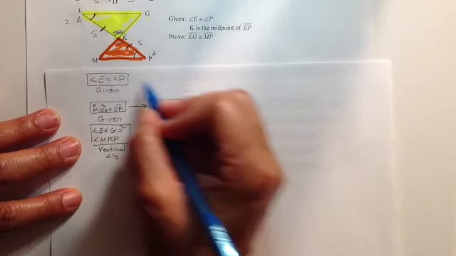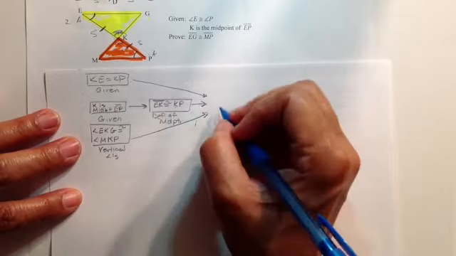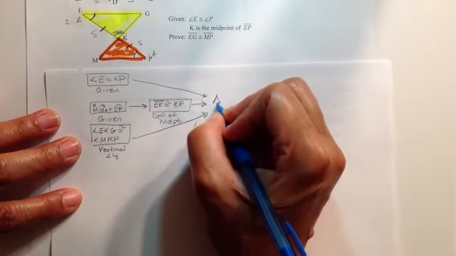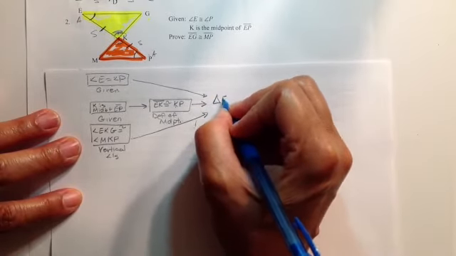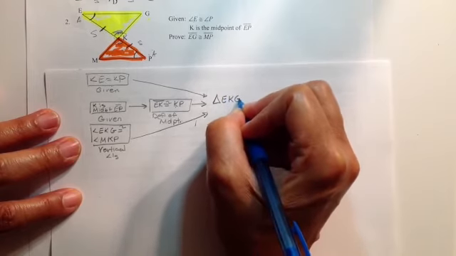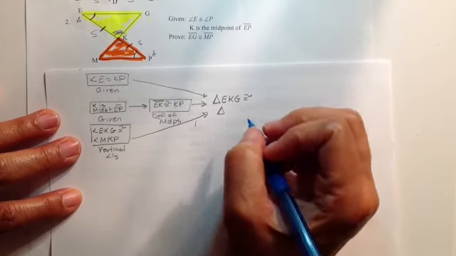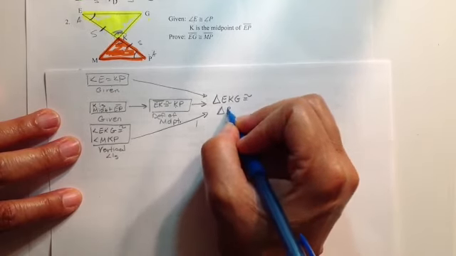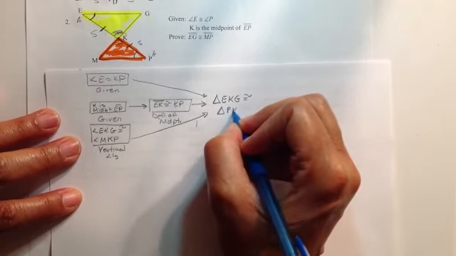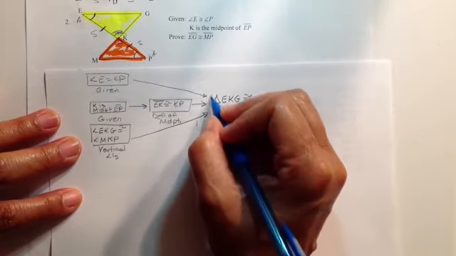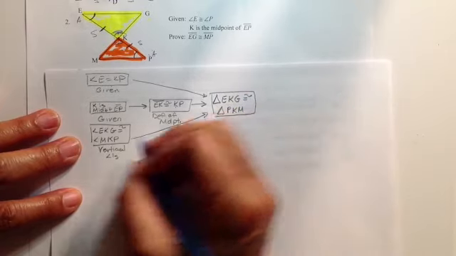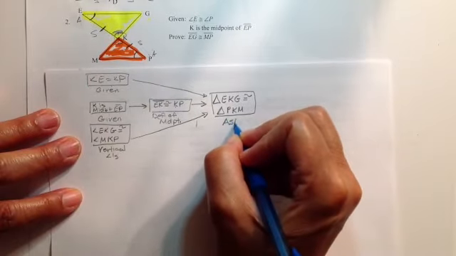So I'm going to move forward from here in my flow proof, and I'm going to say the triangle EKG is congruent to triangle PKM by angle, side, angle congruency.